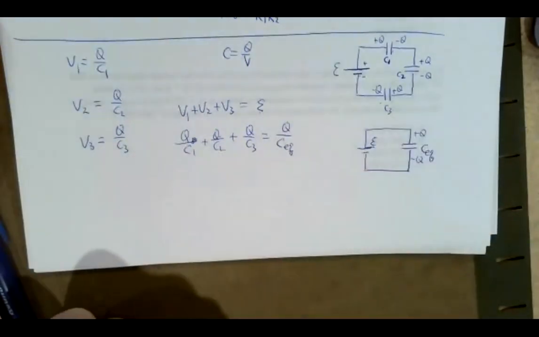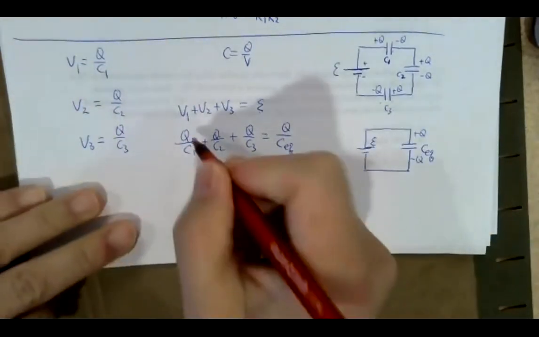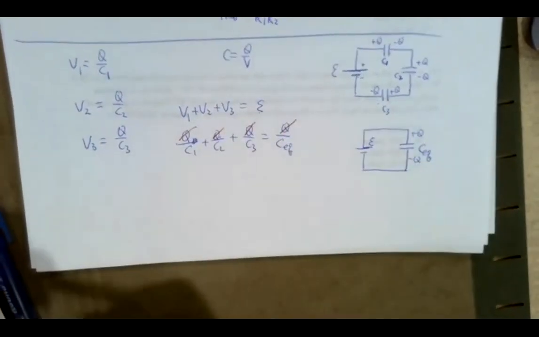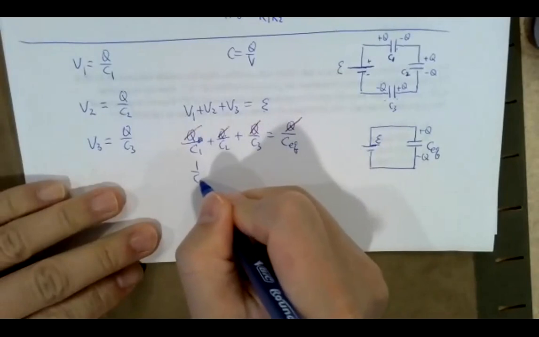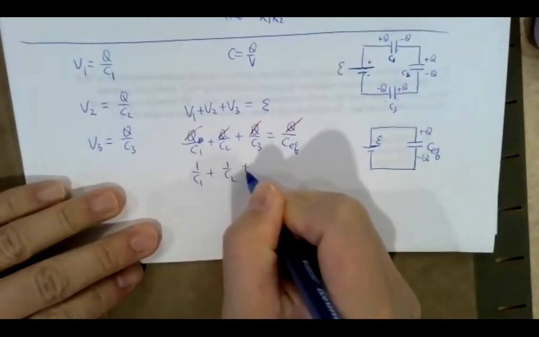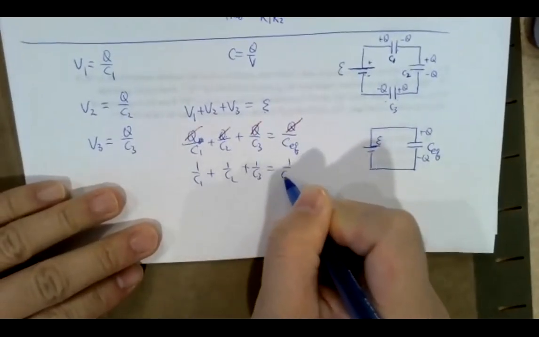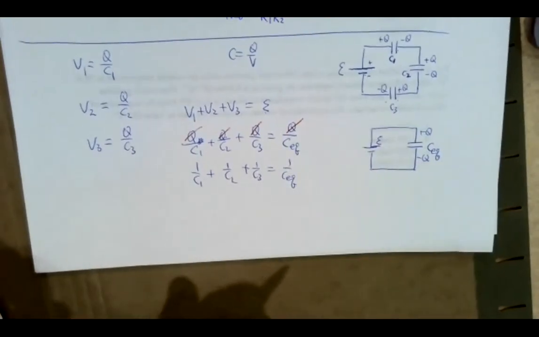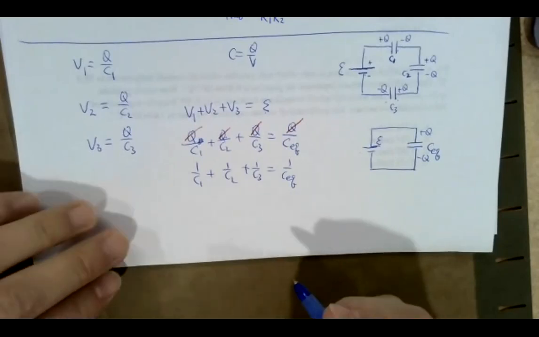In that sense, the Q's are the same across the terms, so those can cancel out. Then you end up with 1 over C1 plus 1 over C2 plus 1 over C3 equal to 1 over C equivalent, which is the equation shown on the PowerPoint slide. If you have three of them in series, that's the result.